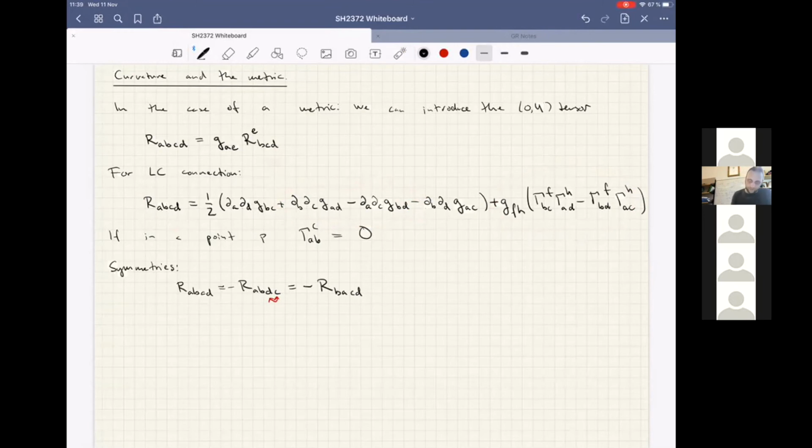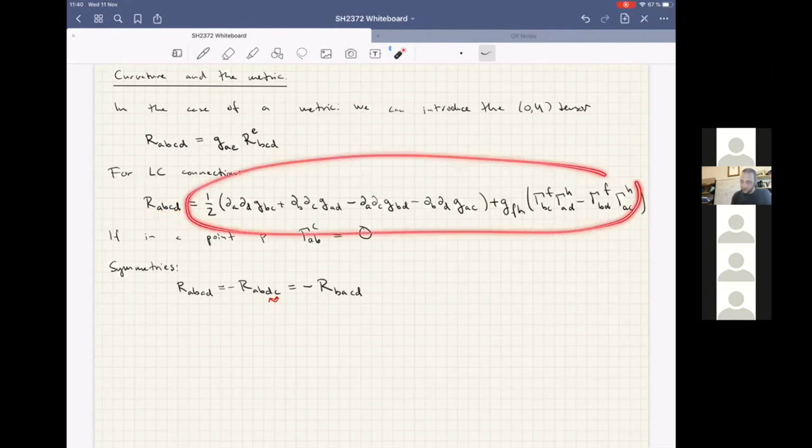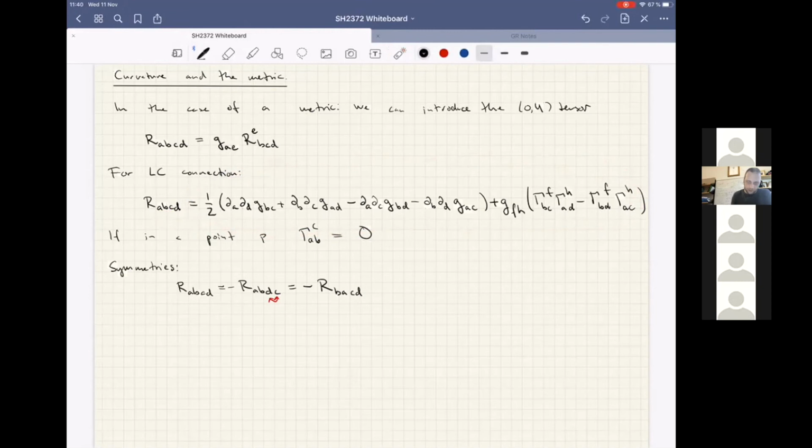And finally, if you exchange the set AB with the set CD, you will see that this expression again is the same, which means that this is also equal to R, CD, AB. So in this case, we had the first two indices changing, and in this case, we actually have groups of indices changing.